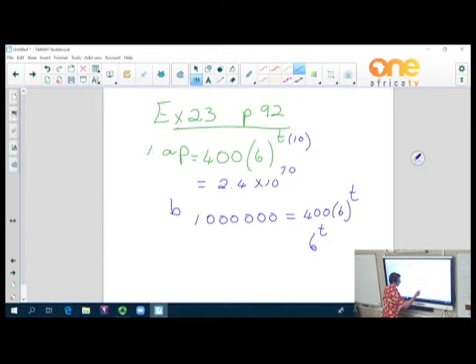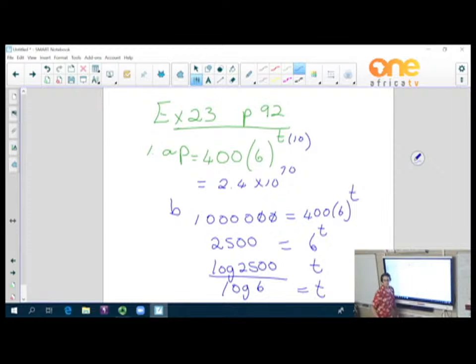So 6 to the power of T is then equal to, and 4 will divide into this one, 2 times 25, 0, 0. We cancel those 2, 2, 5, 0, 0. That's right. To get T now, this is where we work now with logs. So it is log 2,500 divided by log 6. And that's how you will find T.